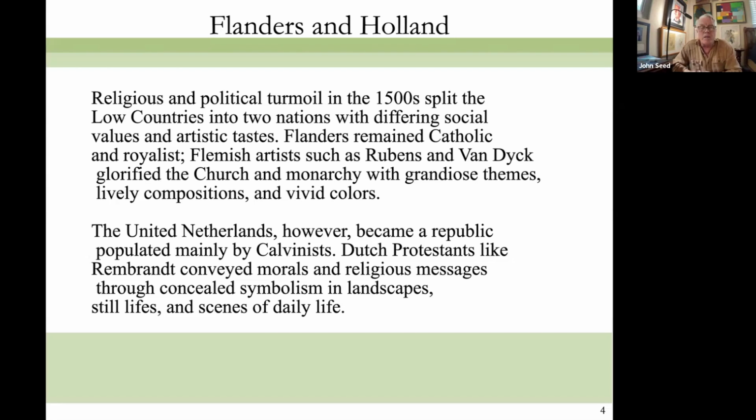In the Netherlands, you have the development of a republic with a Calvinist influence. Dutch Protestants, including Rembrandt, who we talked about in the previous webinar, conveyed morality and sometimes subtle religious or moralistic messages in the symbolism of all their kinds of paintings: landscapes, still lifes, and scenes of daily life.